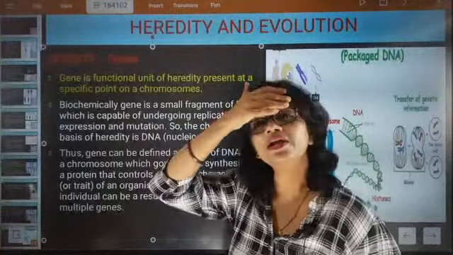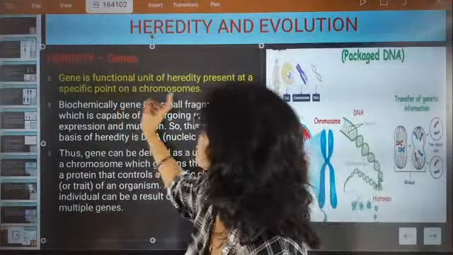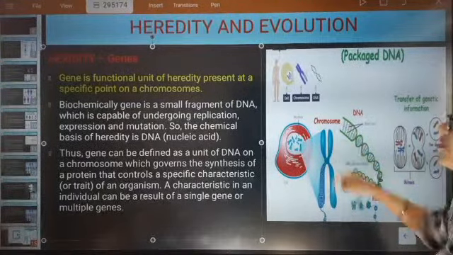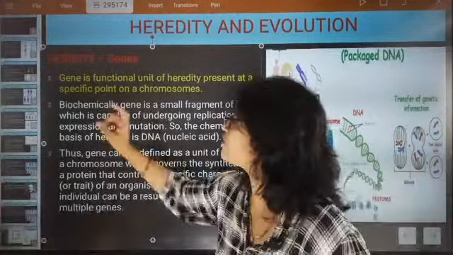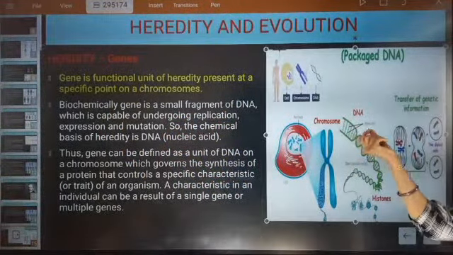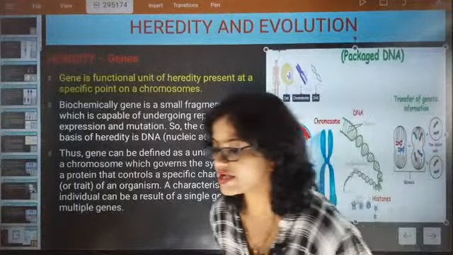So I am telling you that a gene is a functional unit of heredity present at specific points on chromosomes. Next, biochemically, a gene is a small fragment of DNA. So if I take a small fragment of DNA, what I get is a gene.